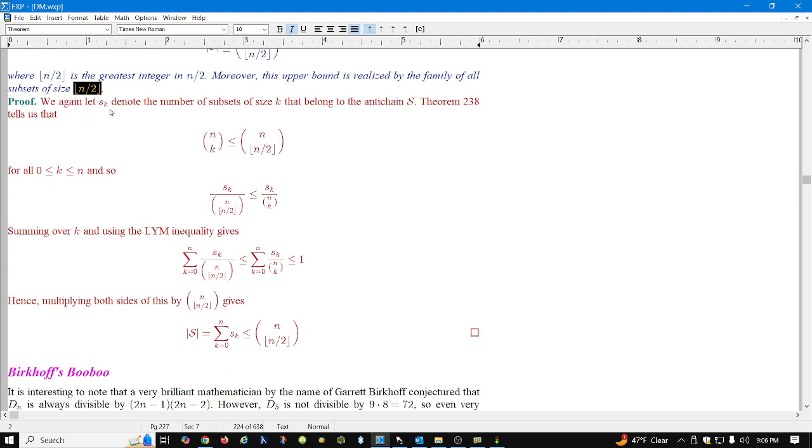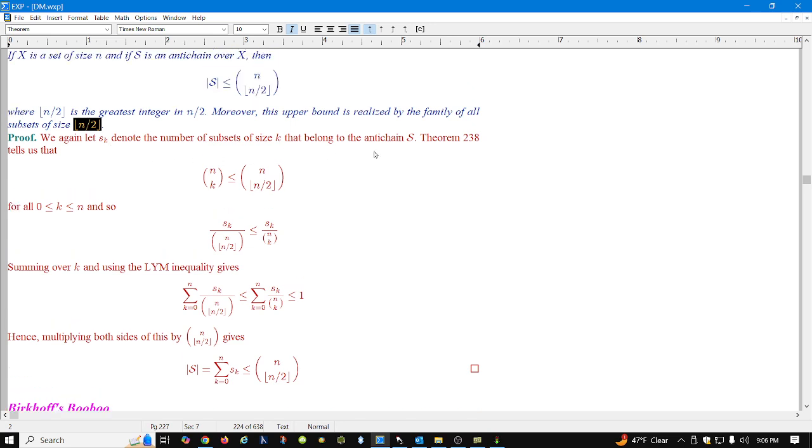Well, again, S sub k is the number of subsets of size k that belong to the antichain. This is what I just mentioned. We know that the binomial coefficients are less than or equal to n choose floor of n over 2.